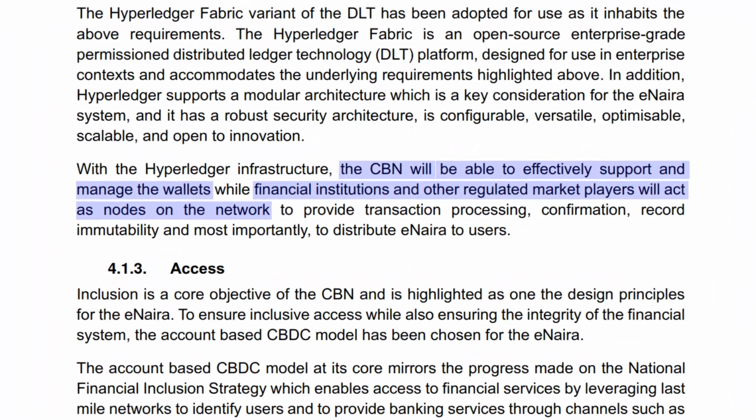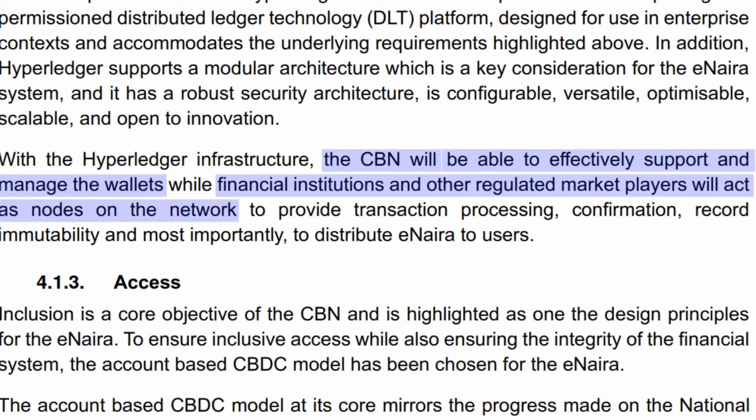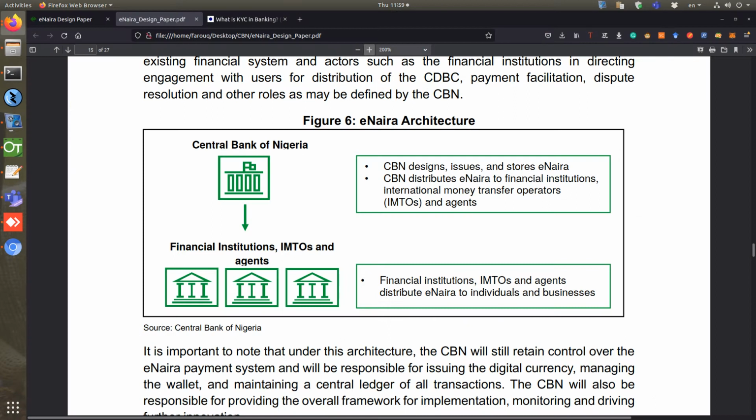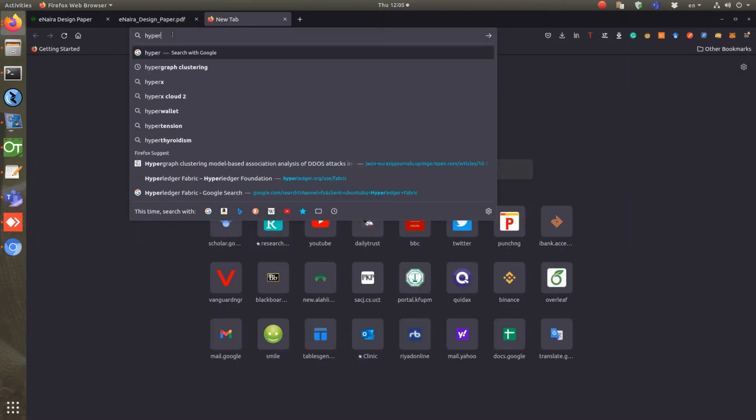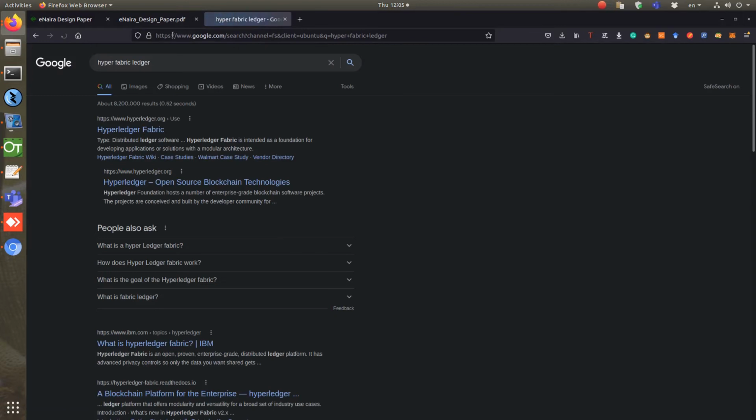Well, according to the document, the nodes are financial institutions and other regulated market players that are allowed to access the system by CBN. To avoid reinventing the wheel, CBN developed its eNaira on top of the Hyperledger Fabric framework.